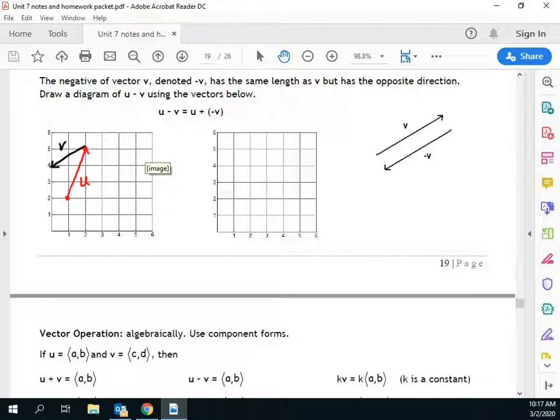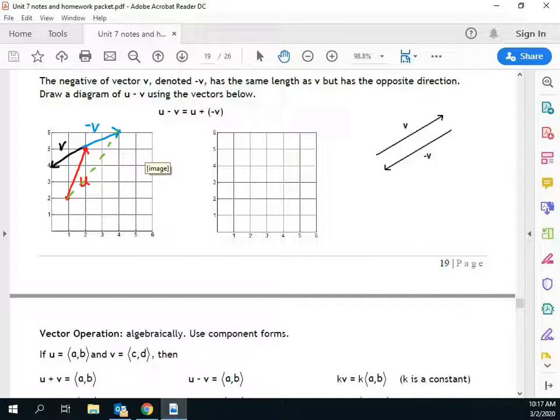So basically, our negative v looks like that, which makes what we're trying to calculate, that's our resultant. So as you can see, with negative, we just flip it.